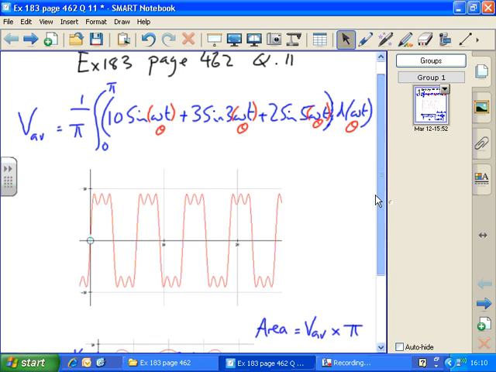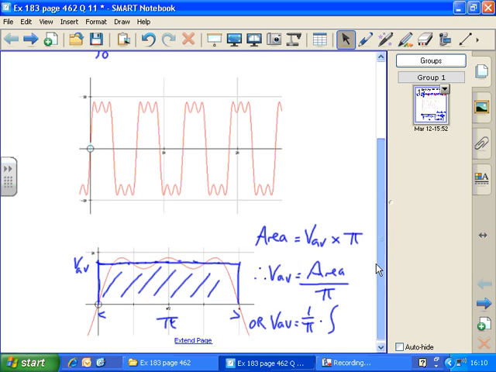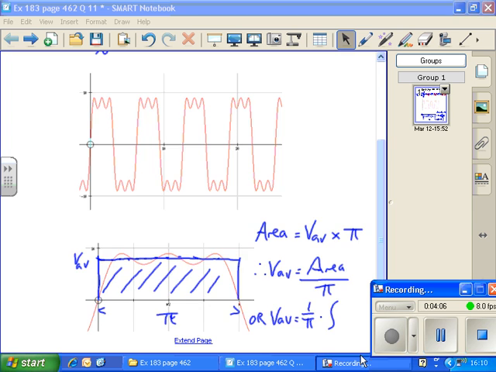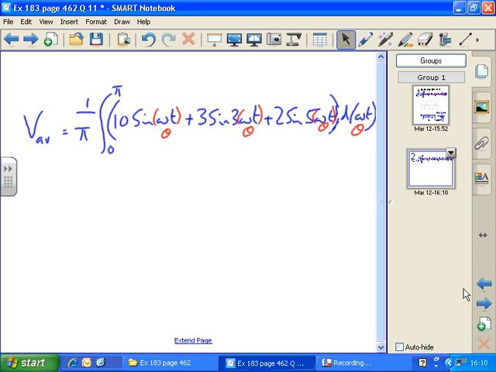Okay, so we're going to find this average voltage by integrating this function. So let's have a go. Here's the function. Remember, what we're integrating with respect to is omega t, the whole thing, which we may as well call theta. Let's take each part and integrate it in turn. The average voltage is going to be 1 over pi. The integral of 10 sine theta: the integral of sine is minus cosine, so that'll be minus 10 cos omega t.